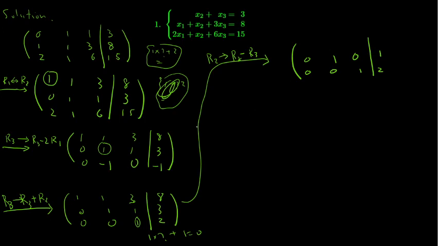I told you it's permissible to perform two operations in one step. Only in this case, only when we make zeros. When making zeros, it's permissible to perform more than one operation in one step.